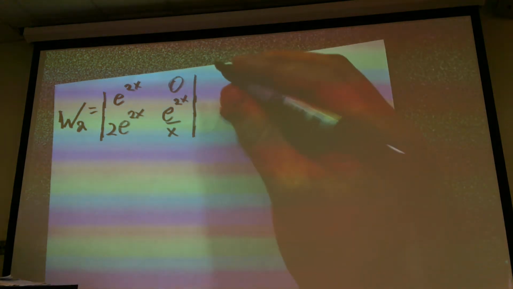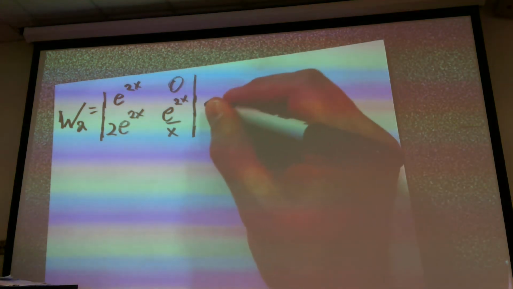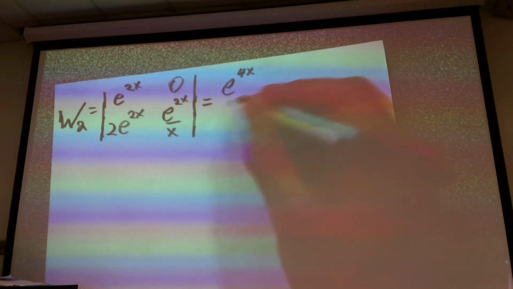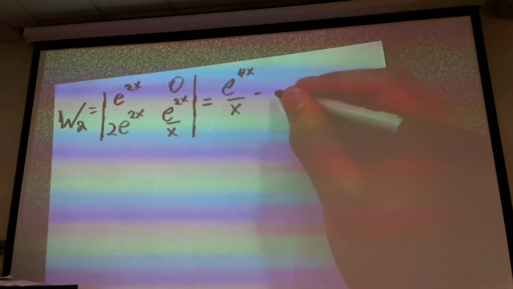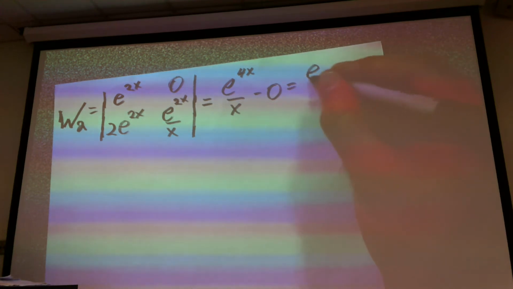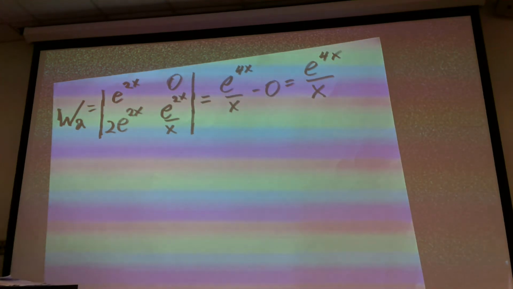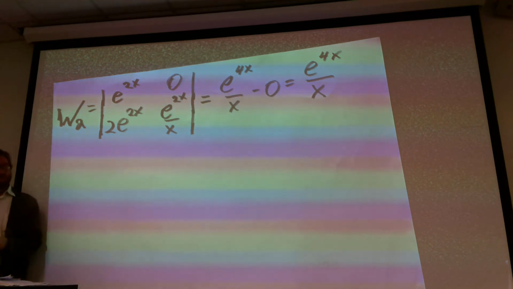So this becomes e to the 4x divided by x minus 0, which equals e to the 4x divided by x. Okay, so now we're going to look for u1 prime and u2 prime.